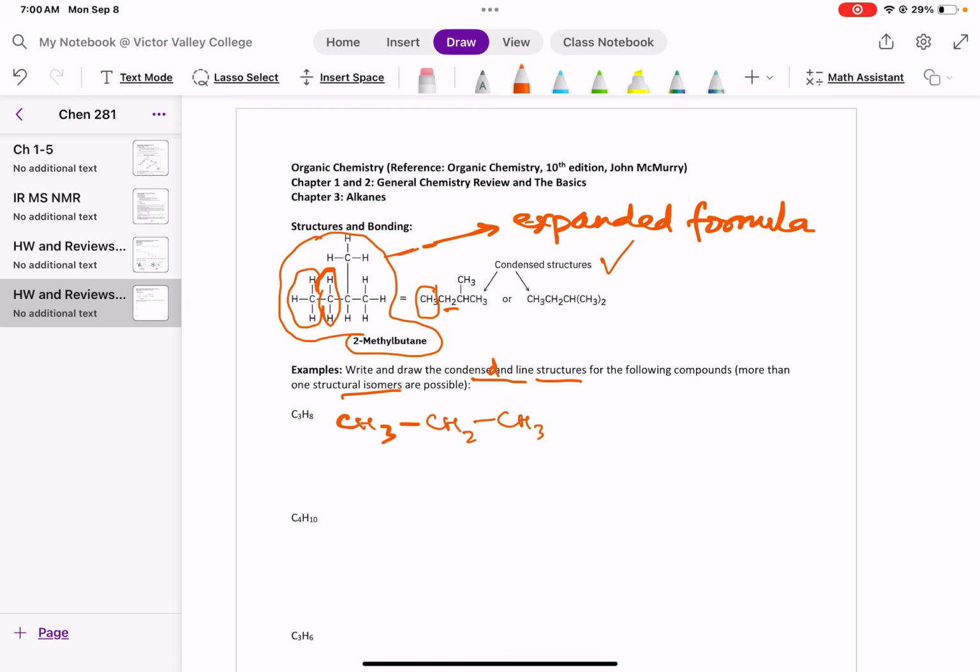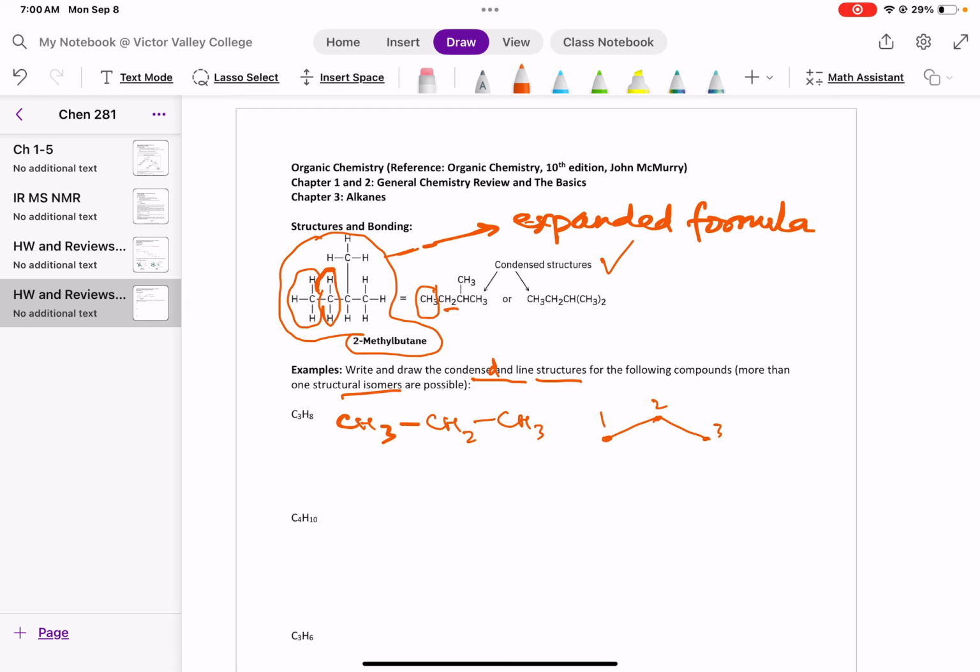If you count, it'll be 3 carbons, and 3 plus 2 plus 3 is 8 hydrogens. If you do the line formula, it will be 1 carbon, 2, 3. If you're not sure, label the carbon. That's the only way to draw the structure, so that's the only isomer.